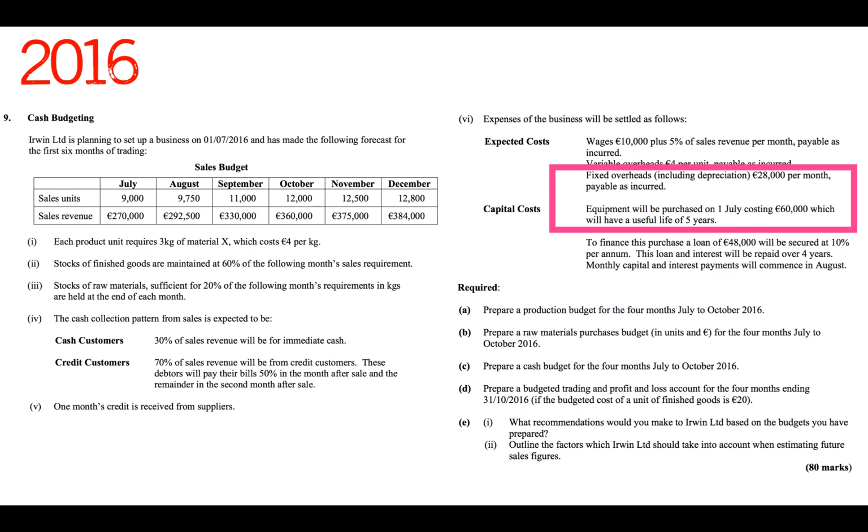So how do we find out how much the depreciation is per month? Well, if we look down at the capital costs, it's going to tell us about the fixed asset here. So equipment will be purchased on the 1st of July costing €60,000, which will have a useful life of 5 years. So €60,000 divided by 60 months is €1,000 per month depreciation.